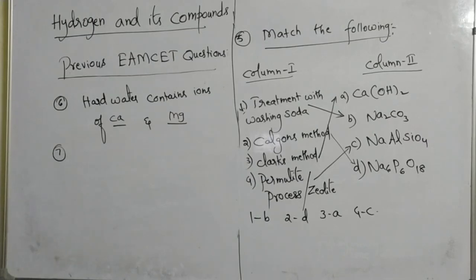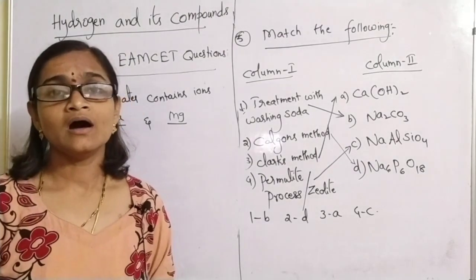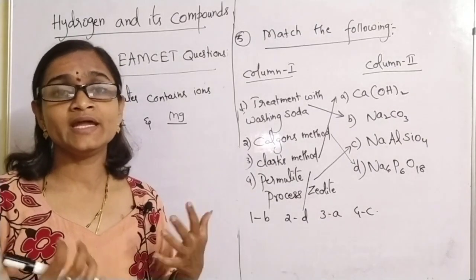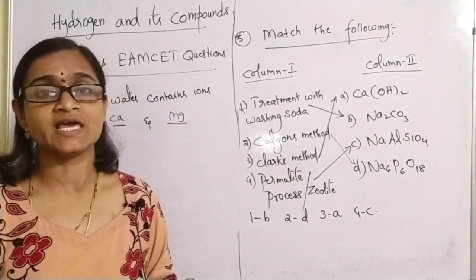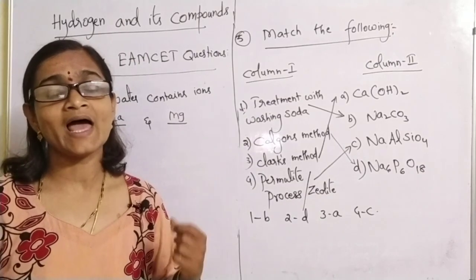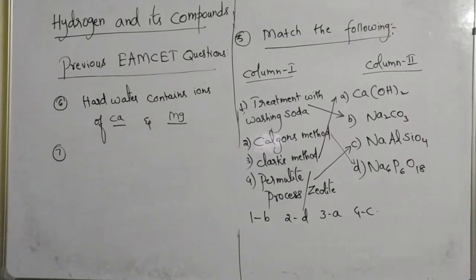With reference to the redox properties of hydrogen peroxide, which of the reactions are feasible? Feasible reactions, if you go for redox reactions, hydrogen peroxide can act as what? It can act as a reducing as well as an oxidizing agent. So if any equations are given to you, hydrogen peroxide acts in what way? Like one example I will give. I will not give all the 4 reactions.